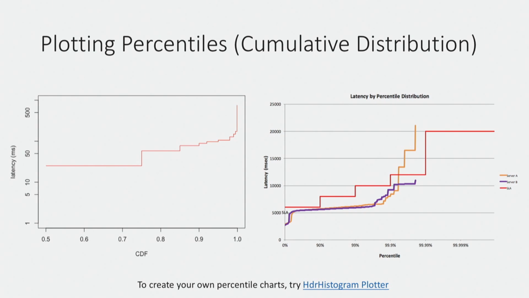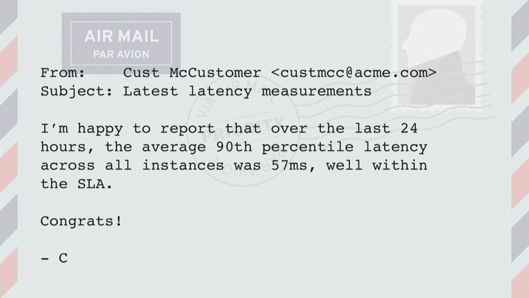Another common fallacy, another common mistake people make with percentiles, is trying to do mathematical operations on percentiles. So here's a customer report. I'm happy to report over the last 24 hours, the average 90th percentile across all my machines was 57 milliseconds.